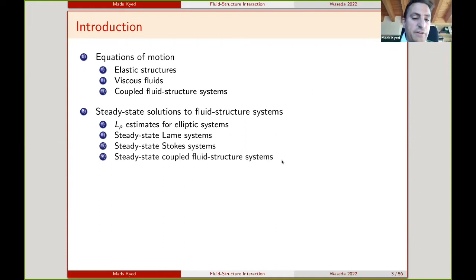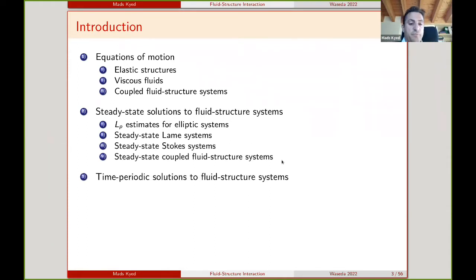Okay, so once we have a good framework for the Lami system and a good framework for the Stokes system, then we can couple the two systems and obtain fluid structure interaction solutions to our fluid structure problems. Okay, so in the next step, I will move on to the unsteady case and look at time periodic solutions to fluid structure systems.